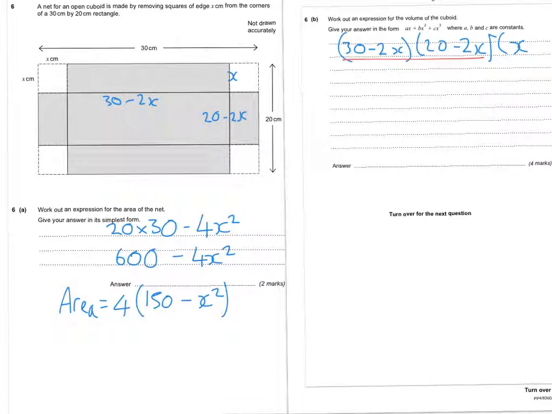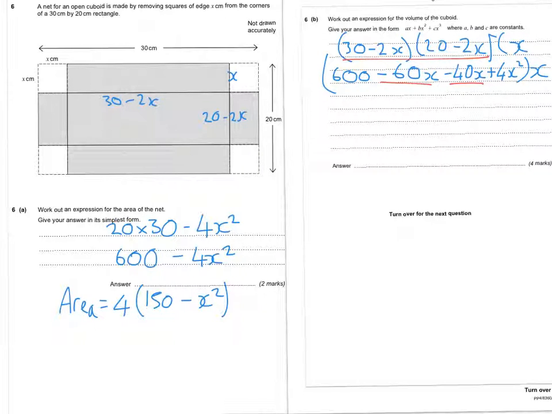Let's do this pair of brackets first. So I get 600 minus 60x minus 40x plus 4x squared, all times by x, like terms.